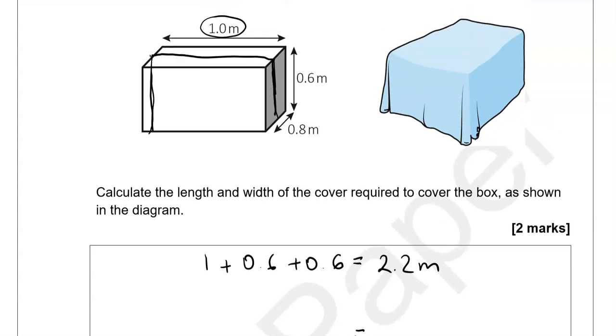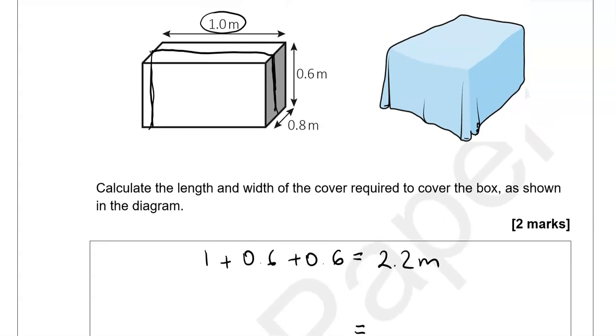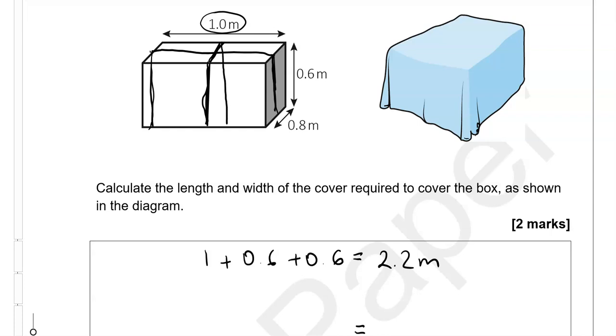And we repeat the process in terms of the width. So we'll go like this, and then like this, and finally coming down on the other side. So it's stopped about here. So this one is going to be equal to 0.6. This is 0.8, and this is going to be 0.6.